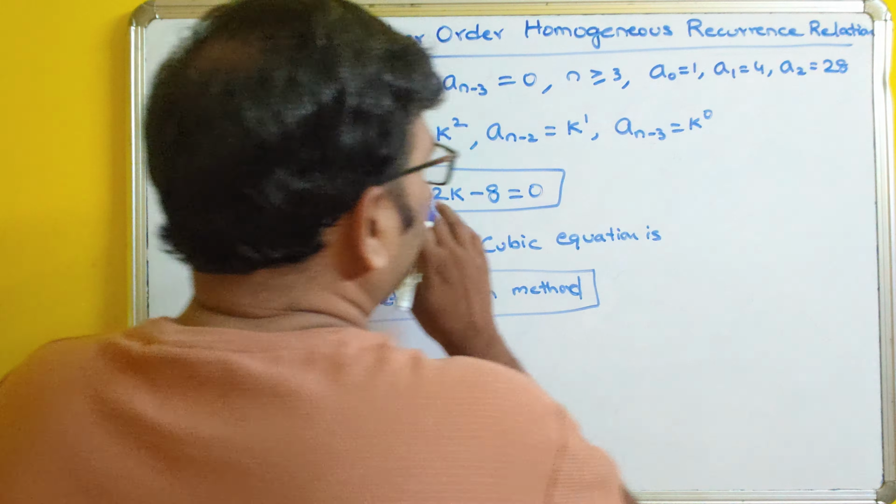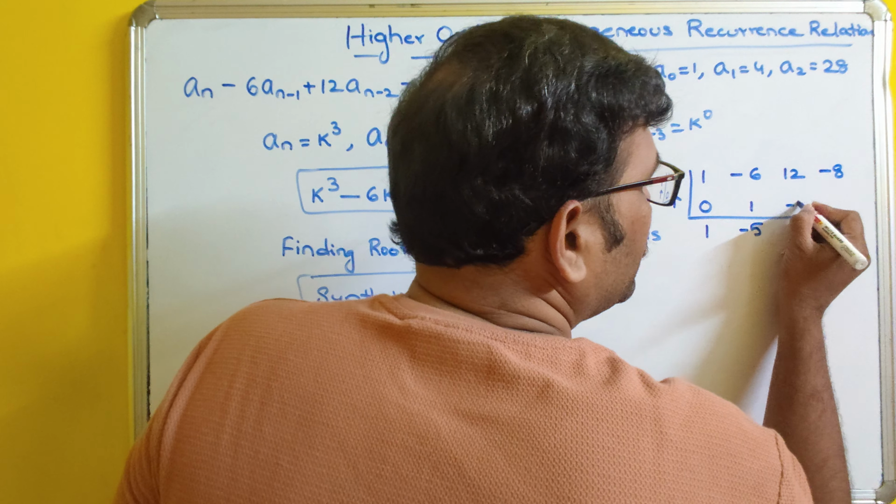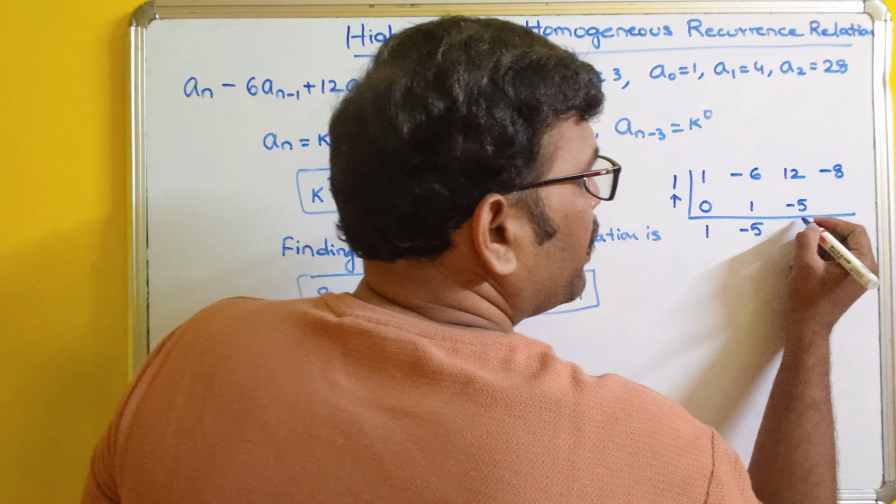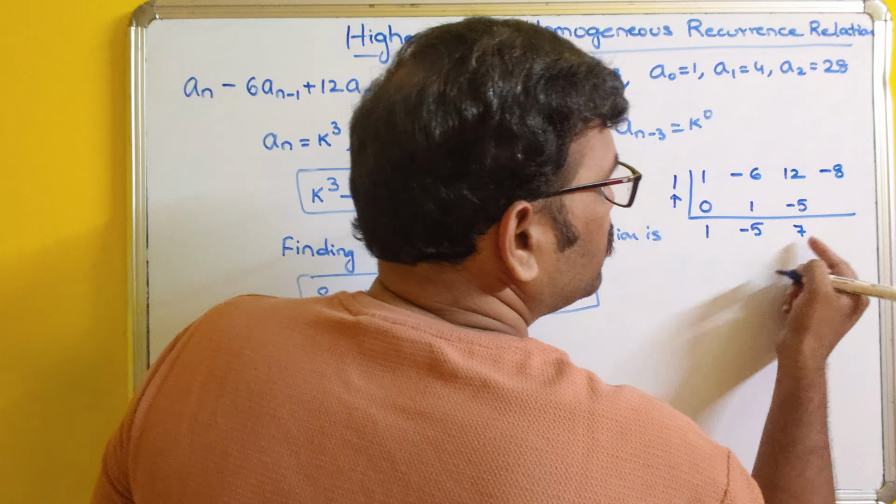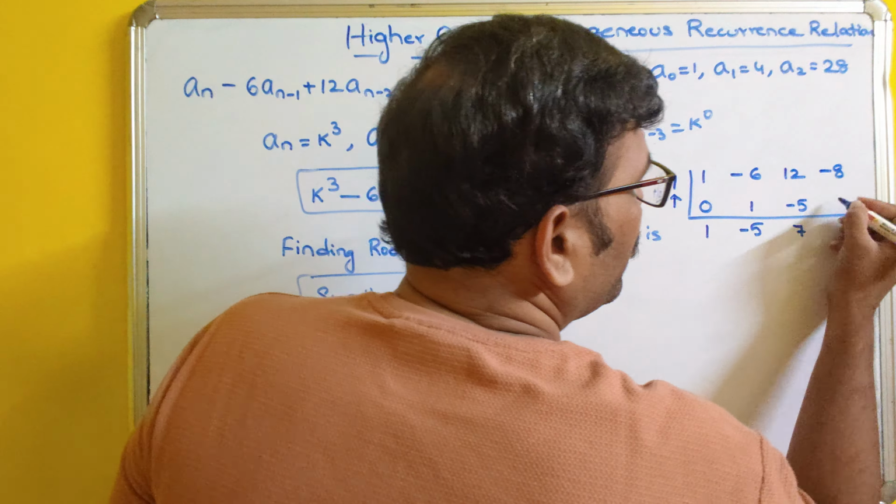Minus 6 plus 1, minus 5. 1 into minus 5, it is minus 5. 12 minus 5, it is 7. 1 into 7, it is 7. What's the result here? It is minus 1. If you follow this particular procedure, we have to get this last column as 0.